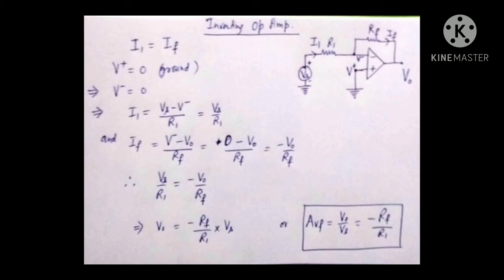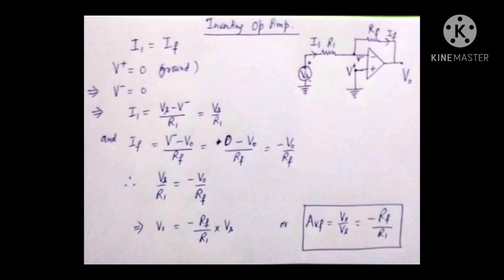The signal voltage is applied to the inverting terminal through a resistance R1. Negative feedback is provided through another resistance RF, while the non-inverting terminal, that is V plus, is grounded.